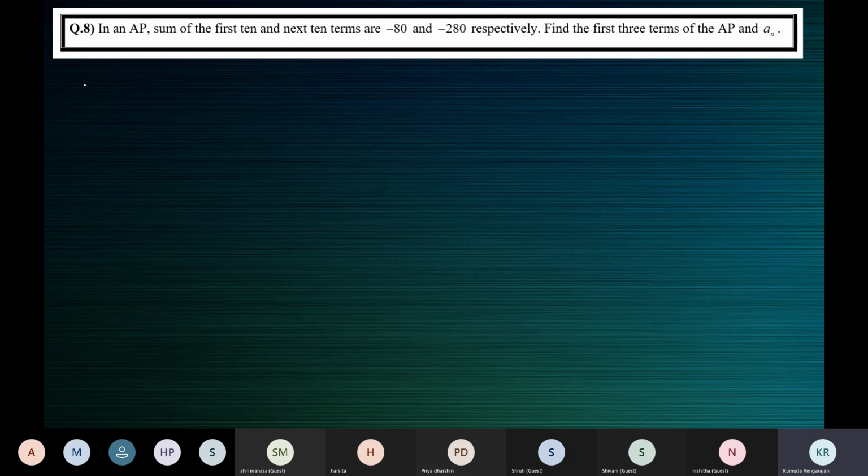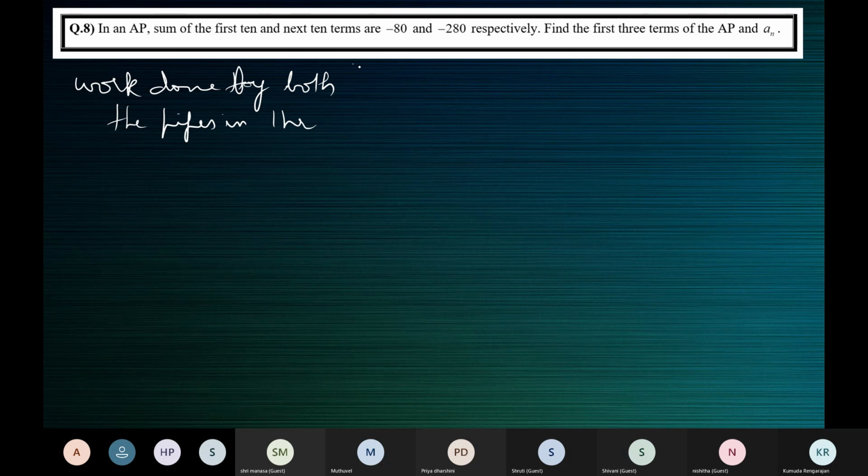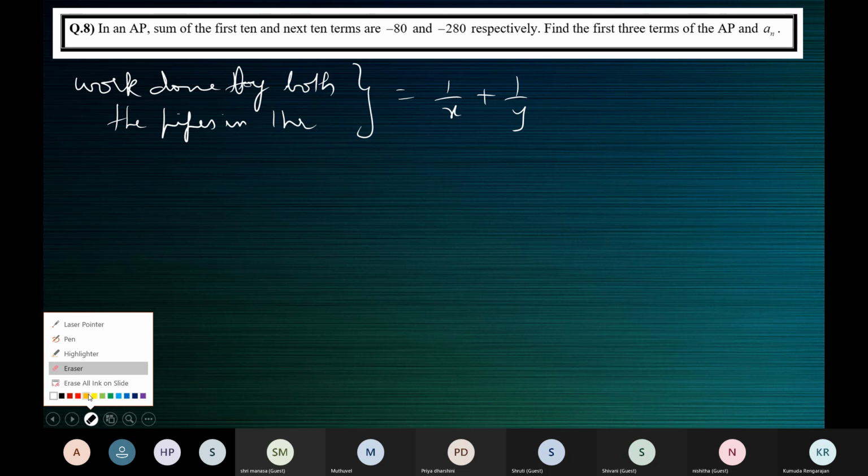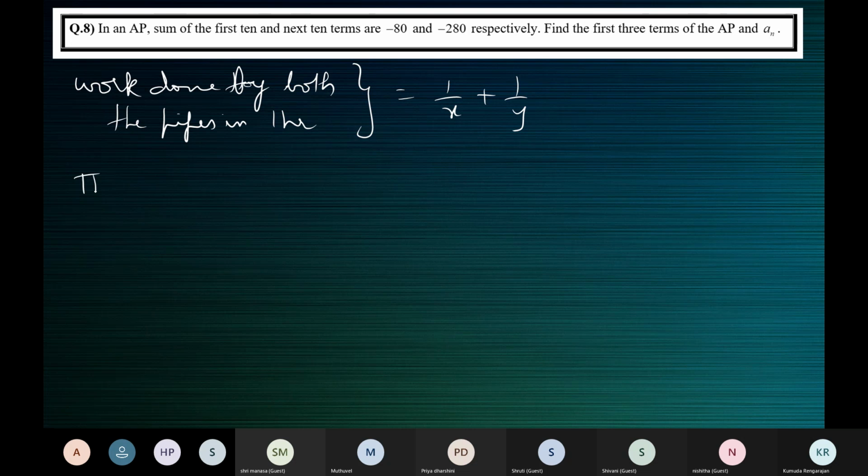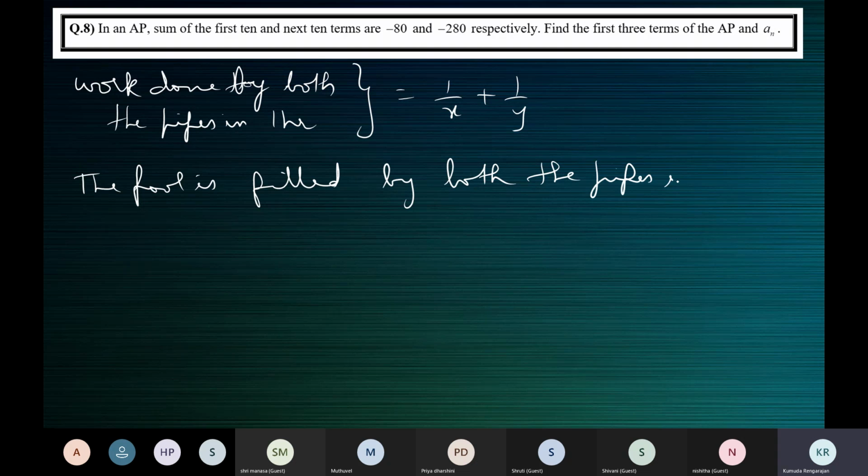So the combined 1 hour's work done by both the pipes in 1 hour is equal to 1 by X plus 1 by Y. Now, the work done or the fraction of the pool that is filled by both the pipes in 12 hours.